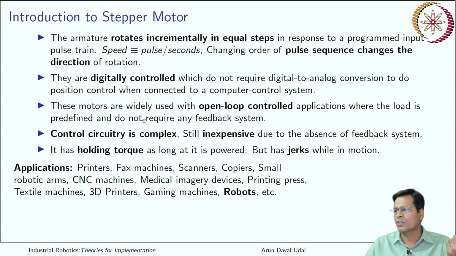All of those use small stepper motors. Also small robotic arms, CNC machines, and 3D printers. You have already seen that 3D printers have 3 stepper motors orthogonal to each other, each moving the head to a different location. Other devices include printing presses, textile machines, gaming machines, and robots also.